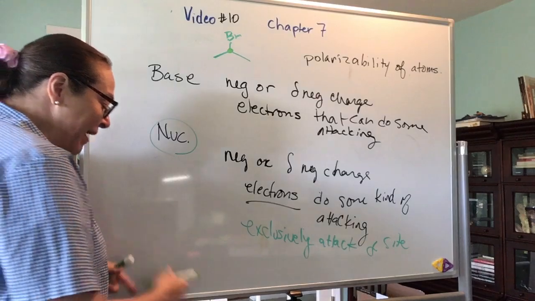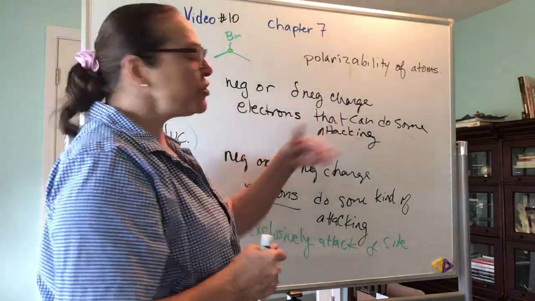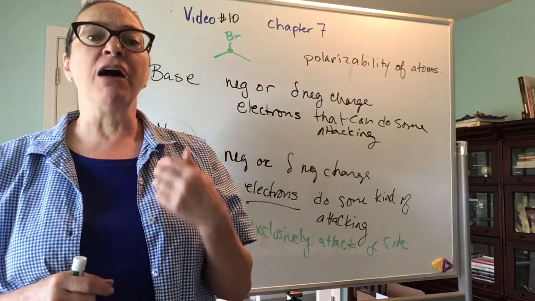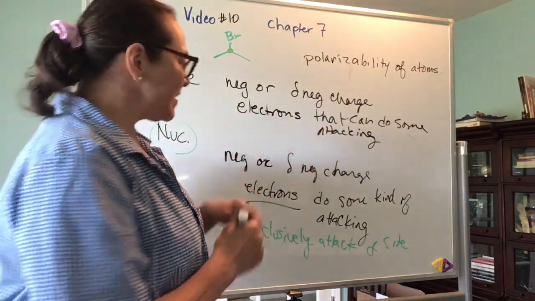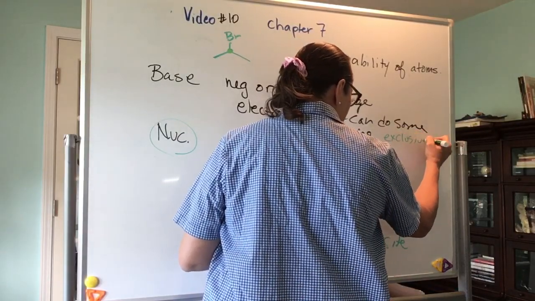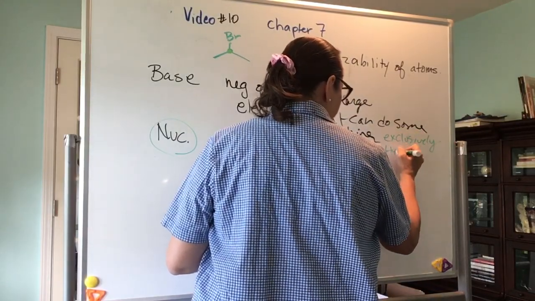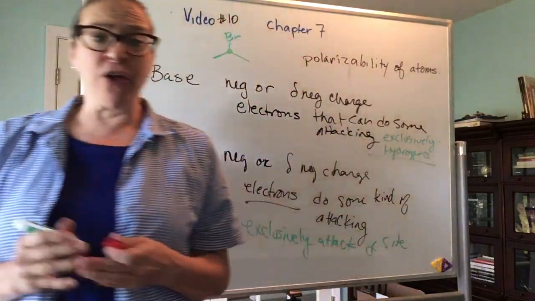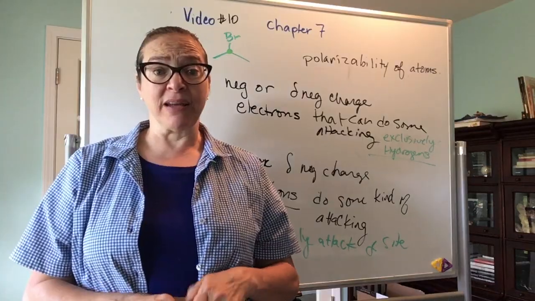It turns out that bases, on the other hand, do attacking, but the attacking that they do is specifically of a proton. So bases attack exclusively hydrogens. Now, where are the hydrogens located that bases can attack?